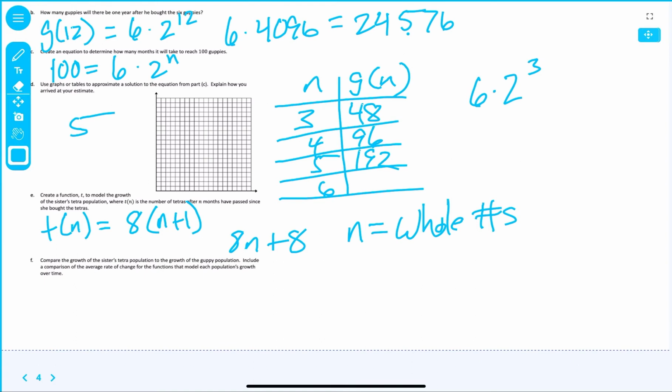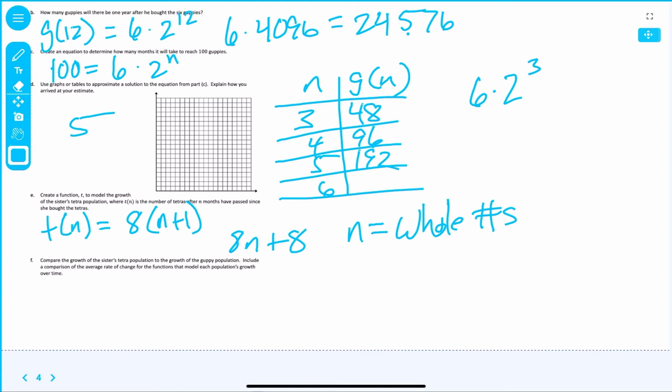Part F. Compare the growth of the sister's tetra population to the growth of the guppy population. Include a comparison of the average rate of change for the functions that model each population's growth over time. So, right now, without even doing anything, who's going to have a faster growth eventually?